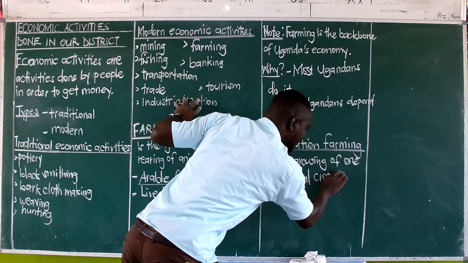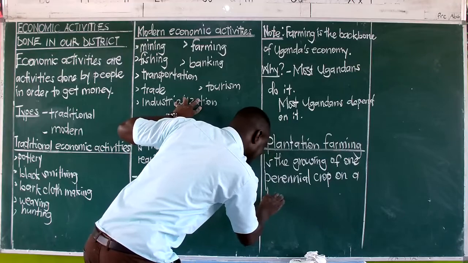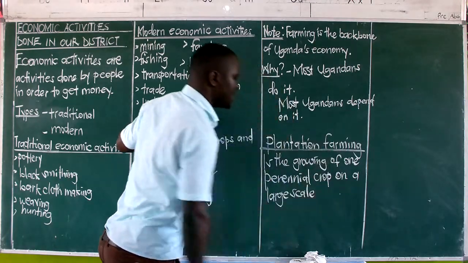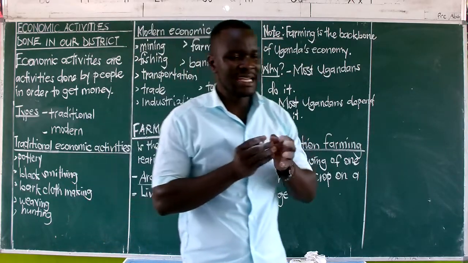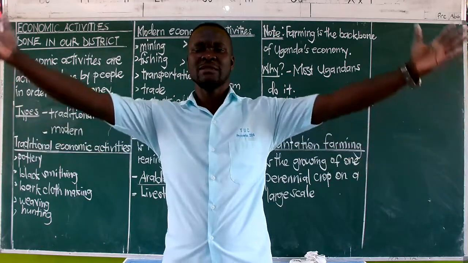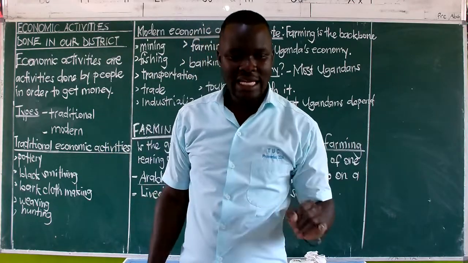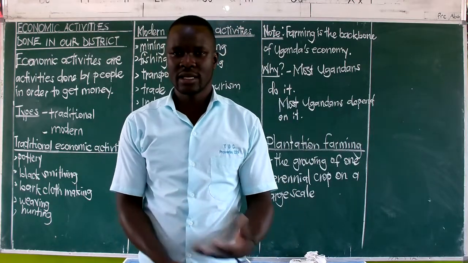And this one is done on a large scale. So what happens here is you'll find one garden, a very large garden, very large piece of land, having only one crop grown in it.